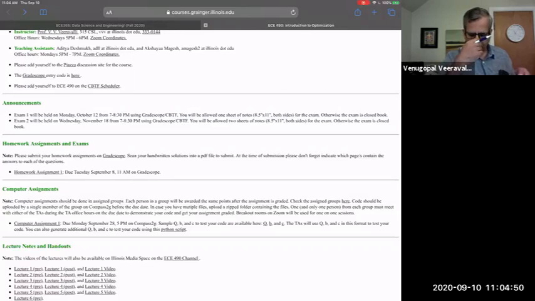Each one of you in the team will take turns demonstrating the code for the computing assignment. I just need one of you for each assignment to demonstrate the code, although all 3 of you can be on the Zoom call. But one of you needs to open up your laptop or a computer and share the screen with the TA and show that the code works. Okay, so that's the idea.